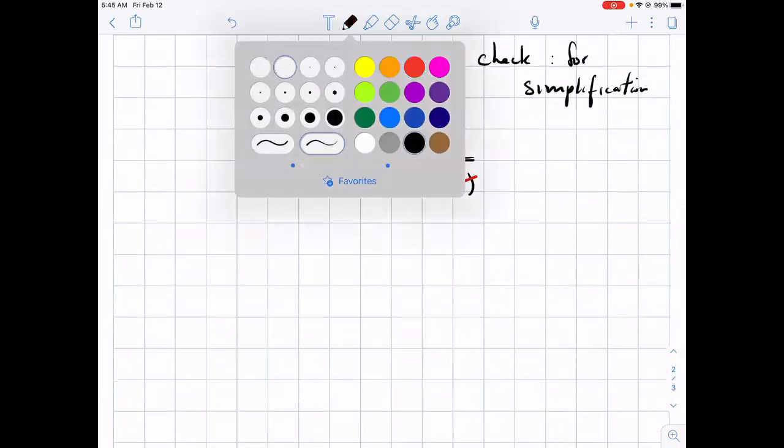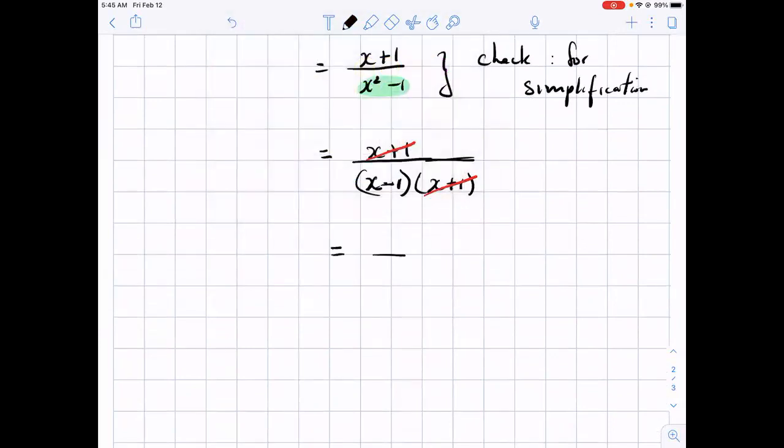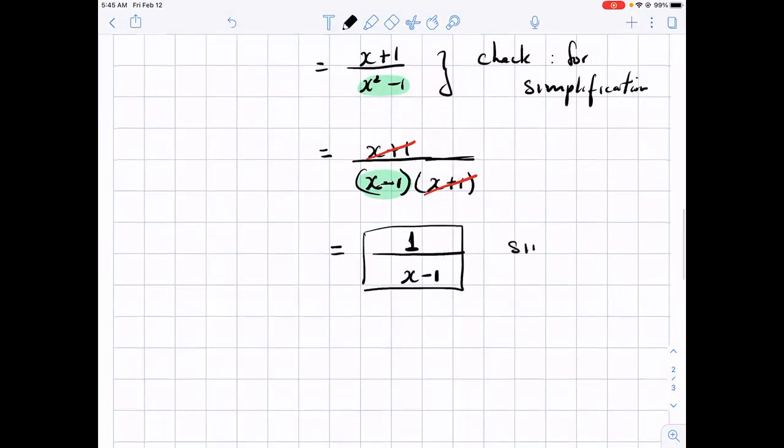And keep in mind, since the x plus 1 here is in the denominator, it stays in the denominator. And when things cancel, that numerator has a 1. So this is my simplified answer.